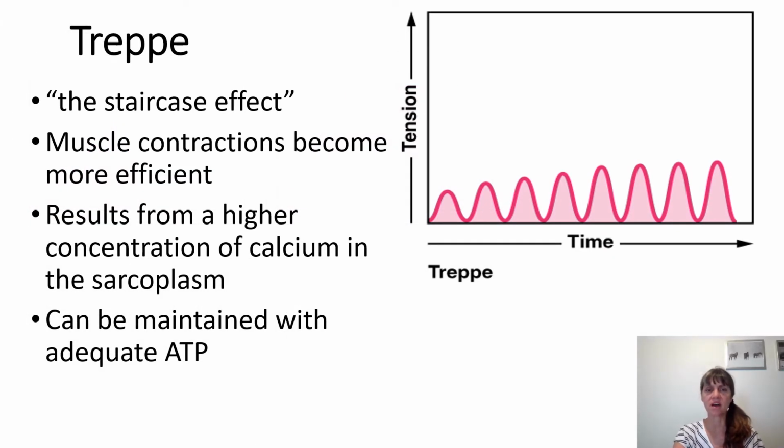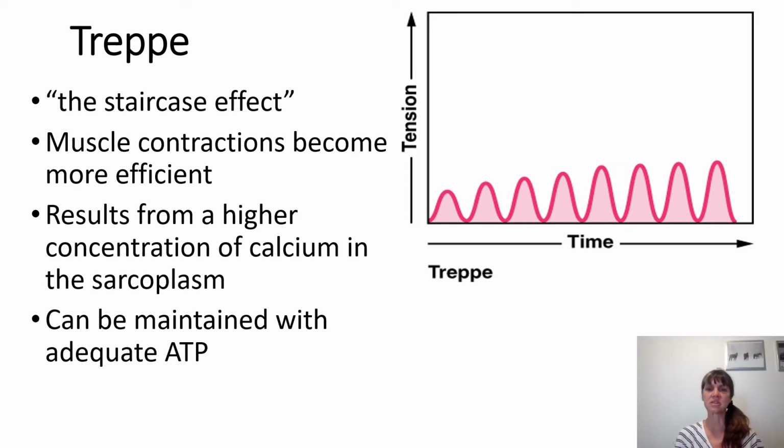Treppe is also known as the staircase effect, and what happens is they've noticed with twitch contractions that with complete relaxation in between each one, if they continue to stimulate the muscle to contract immediately after relaxation, they see more efficient contractions.